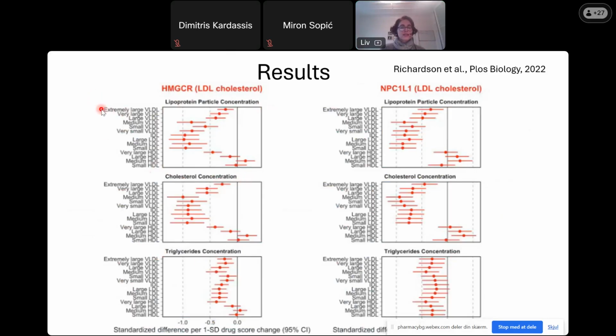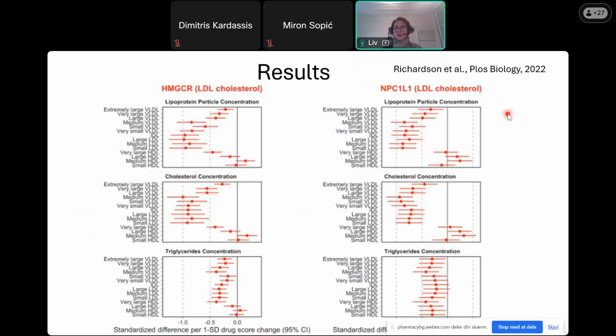And what they can see is that when you lower LDL cholesterol with HMGCR, you will have fewer extremely large VLDLs and, well, all the different kinds of VLDLs, IDL, LDL, and the very large HDLs, but not the rest of them. You will also see a lower cholesterol concentration in different lipoprotein particles, except for the large, medium, and small HDLs, and the same goes for the triglyceride concentration.